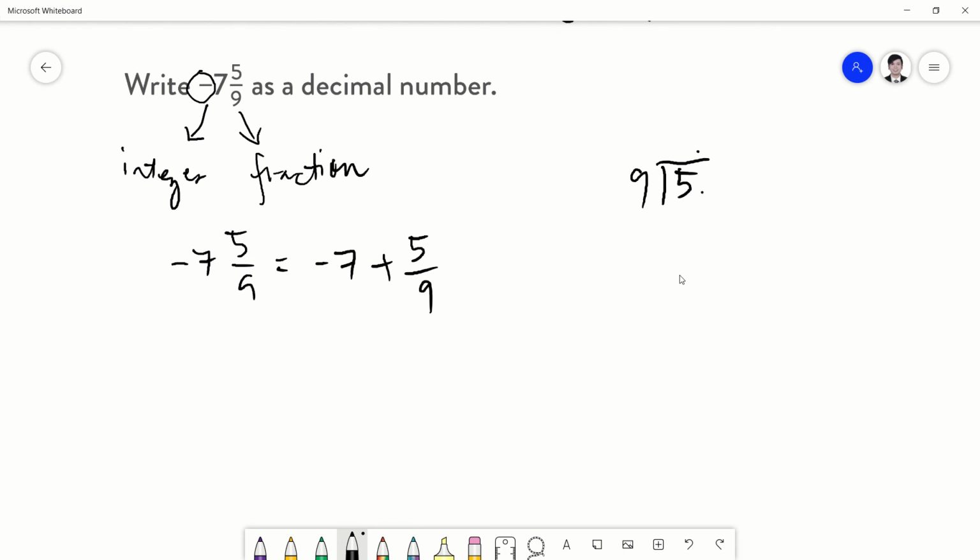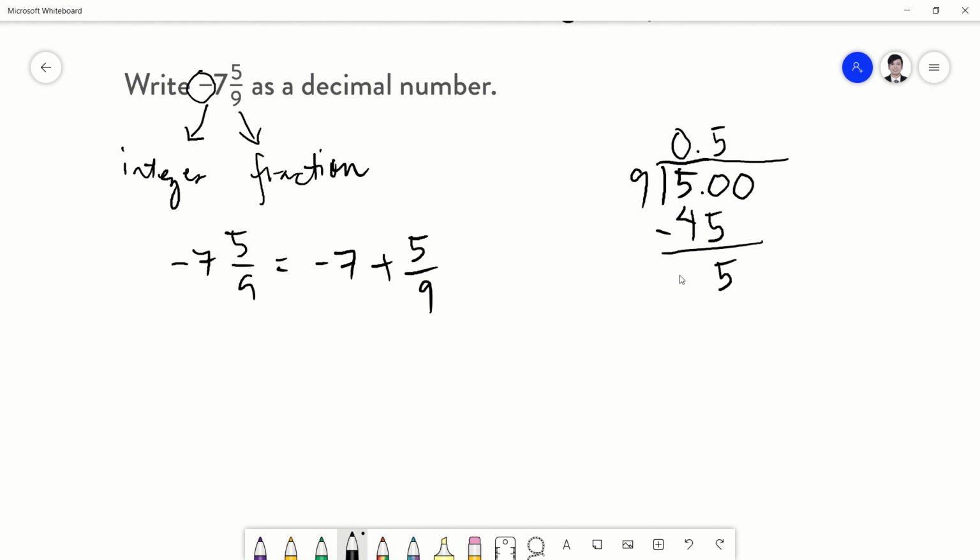So add zero point 0 here, then fill in 0. 50 divided by 9 is 5. 5 times 9 is 45. Then subtract. That would be 50 minus 45 is 5. You still have a remainder.